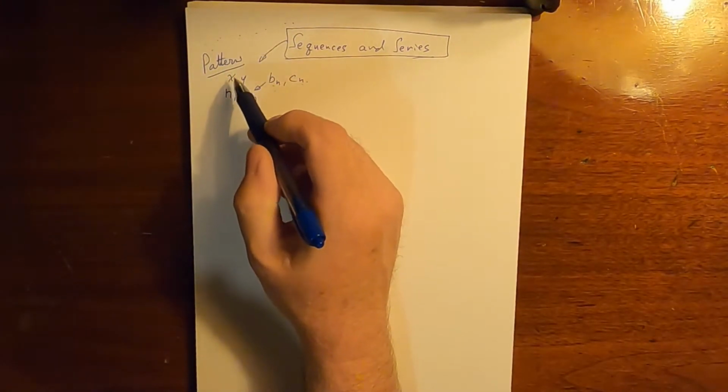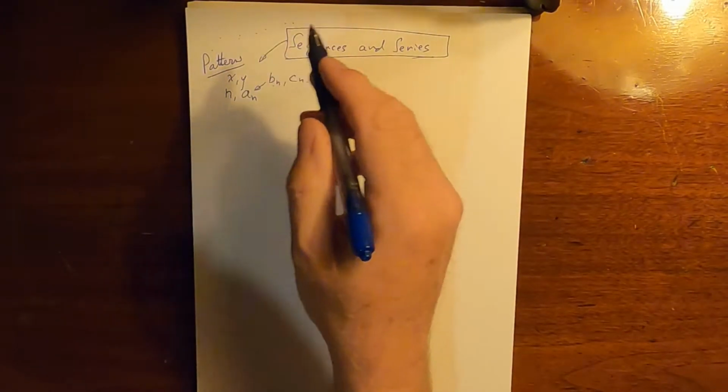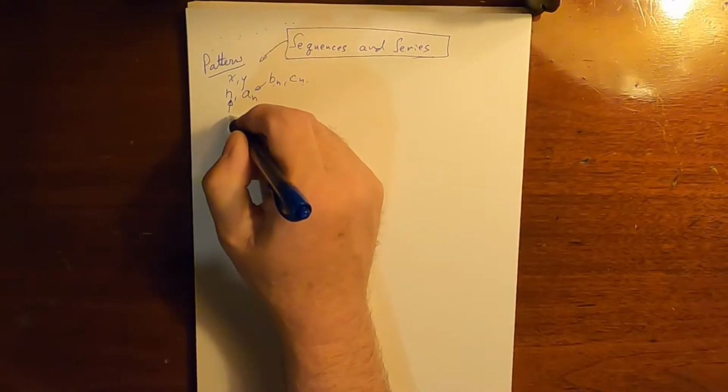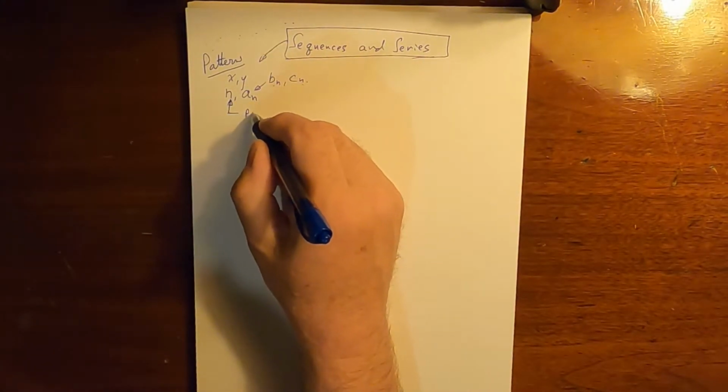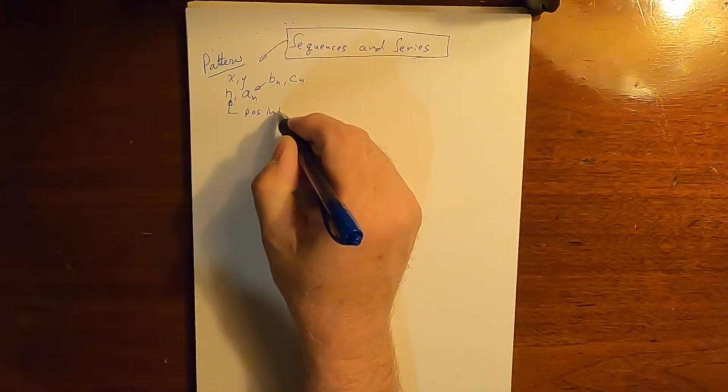But let me be very clear: N does not take on any other values except positive integers. That's a big difference.